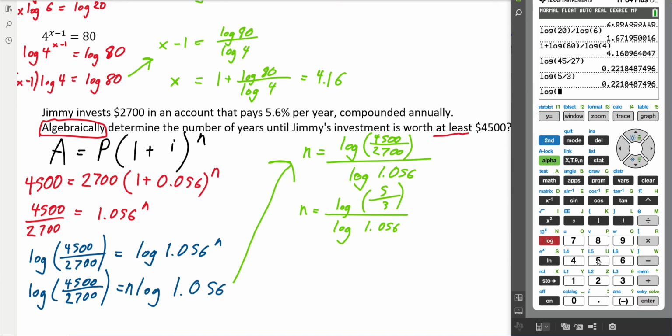So anyways, 5 divided by 3, and then divided by the other log, which is 1.056. And so that is 9.37. So that's how many years it is until it's worth that amount exactly.